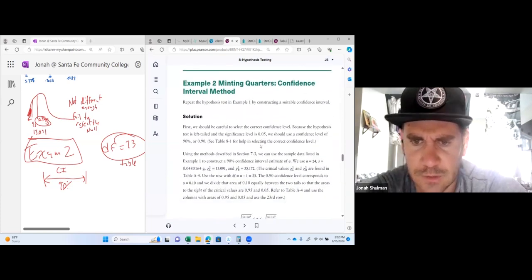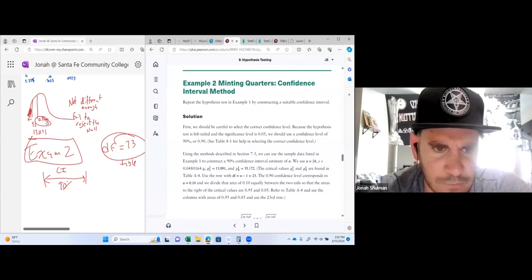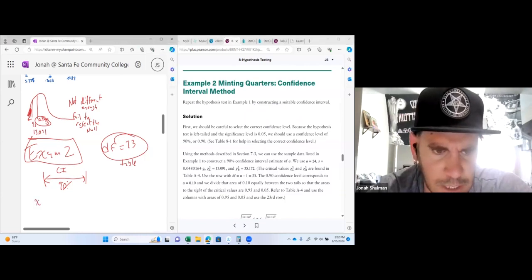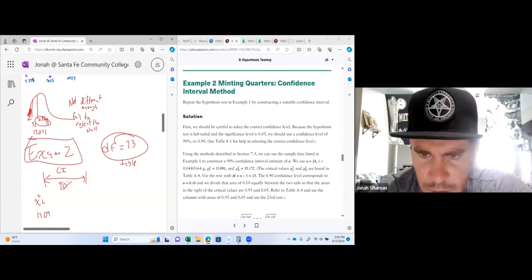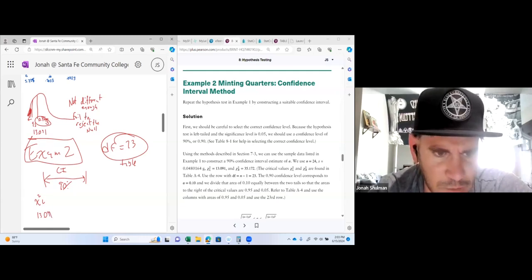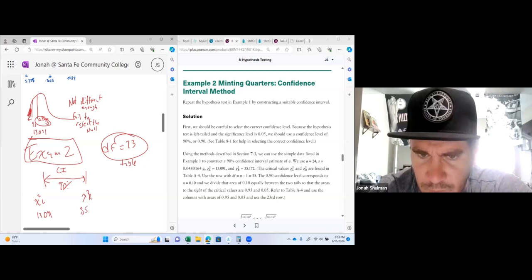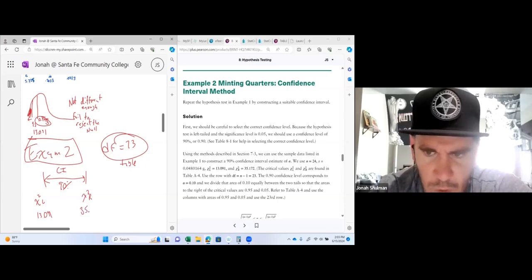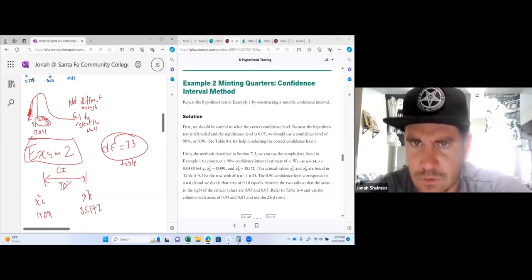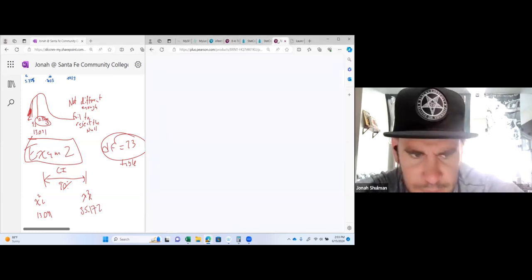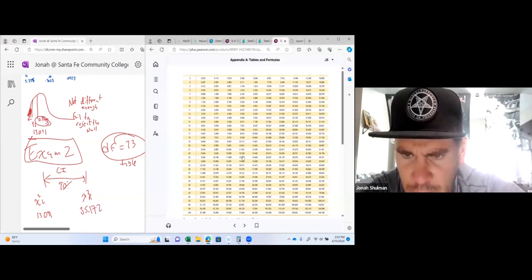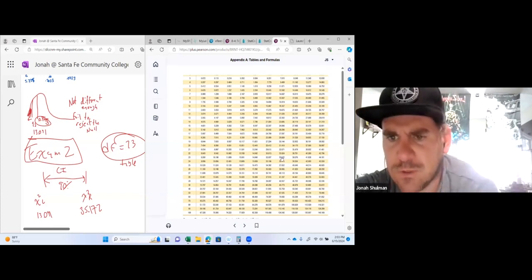Okay, so they say our chi-square to the left is going to be 13.091. And to the right, it's going to be 35.172. The 13.091, and the 35.172 is all the way over here.